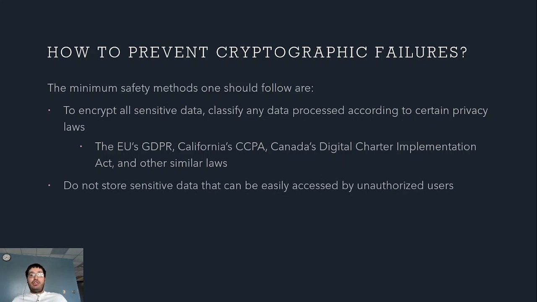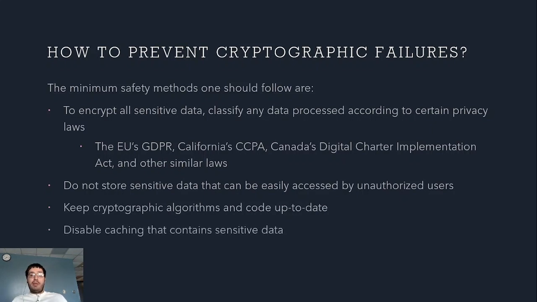Second, they should not store sensitive data that could be easily accessed by unauthorized users, whether inside the corporation or outside on the general web. Next, they should keep cryptographic algorithms and code up to date and disable caching that contains sensitive data.